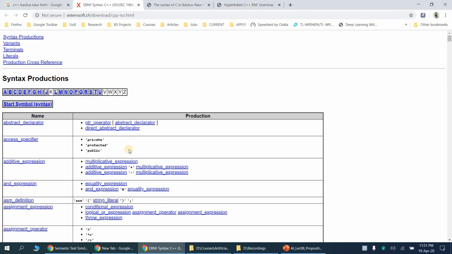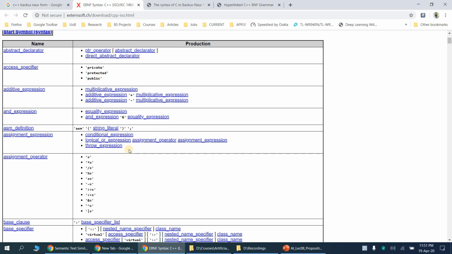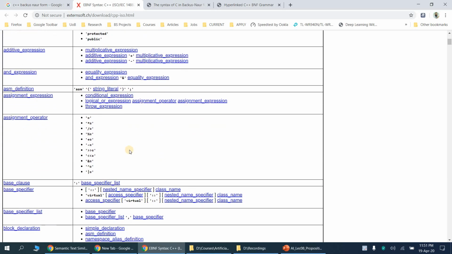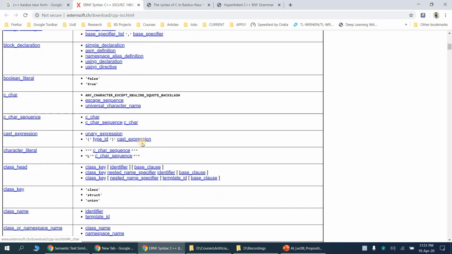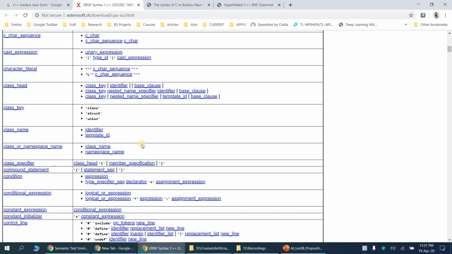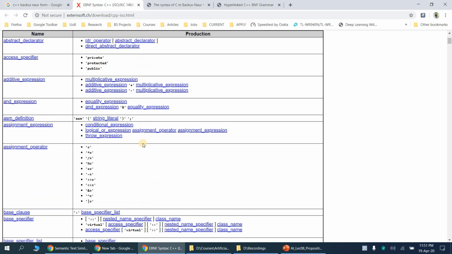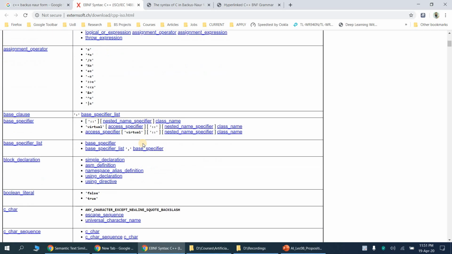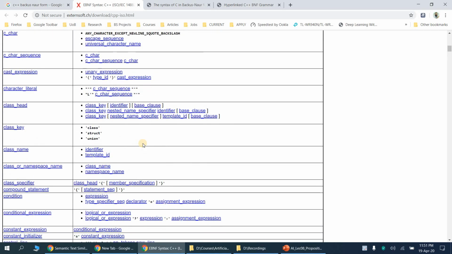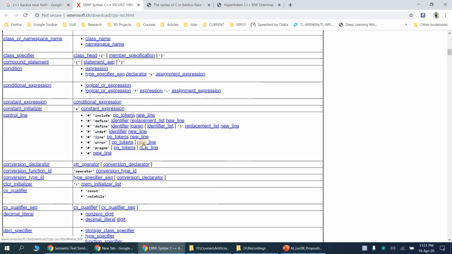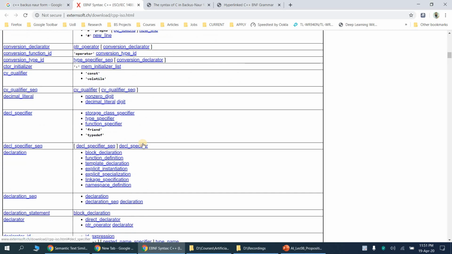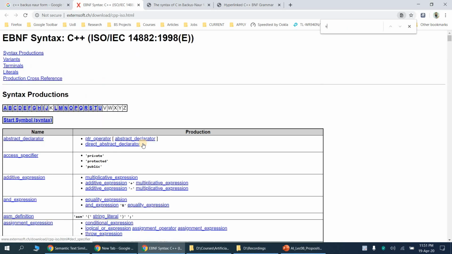People who are especially working with compilers, to make programs that can compile and run C++ code, are mostly very interested in Backus-Naur form. So here you will see in this language, for example, if I want to check the variables, let me find it.